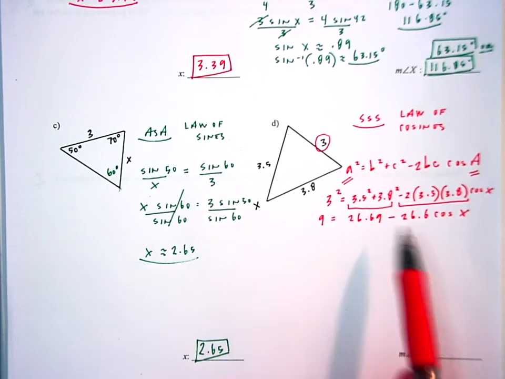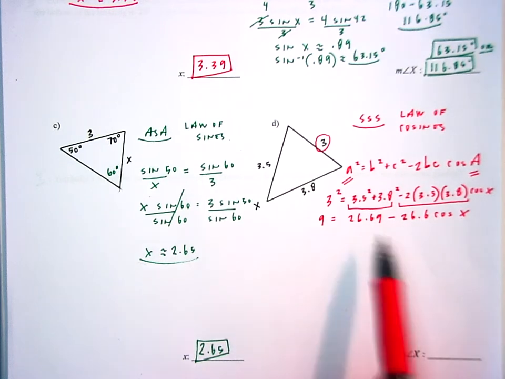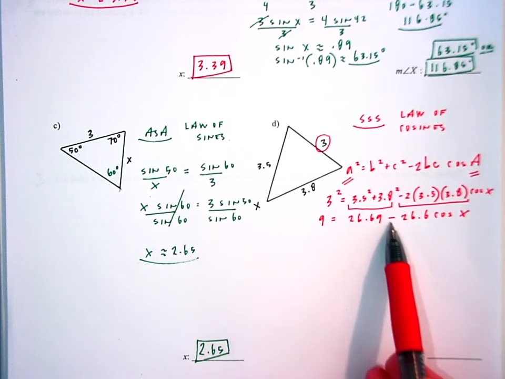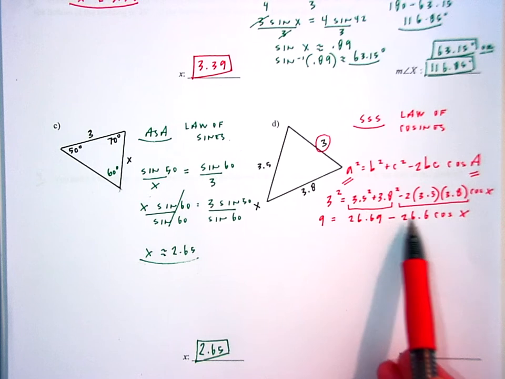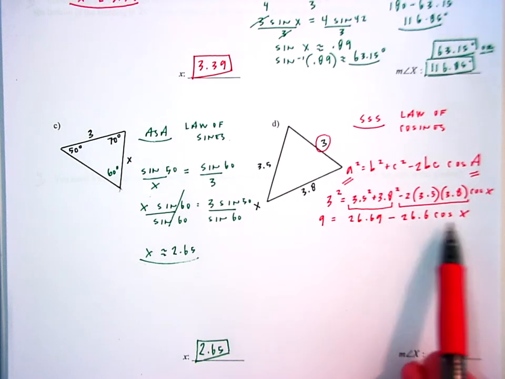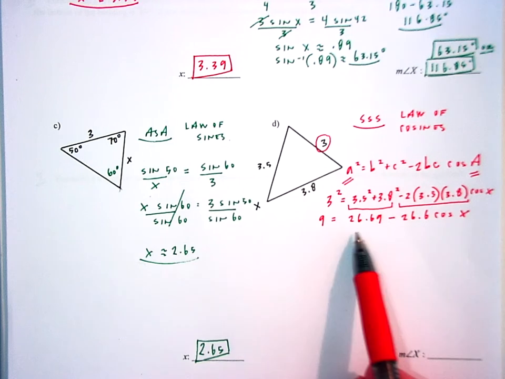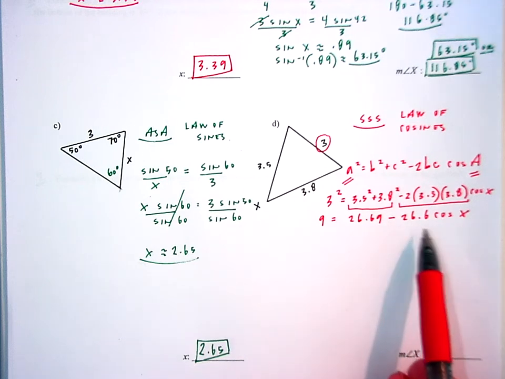But remember here that minus, this is a package, right? It's a product. It's multiplied together. So I cannot take that 26.69 and subtract 26.6 because that's attached to the cosine x. It's like if I had 10 minus 4x, I can't consolidate further. Right? If I just had 10 minus 4, sure, but not if it was 4x.